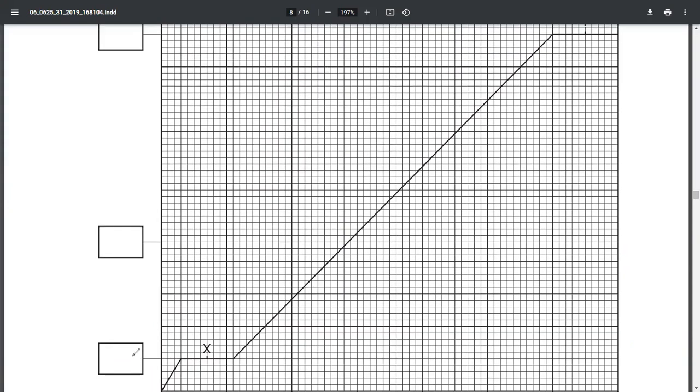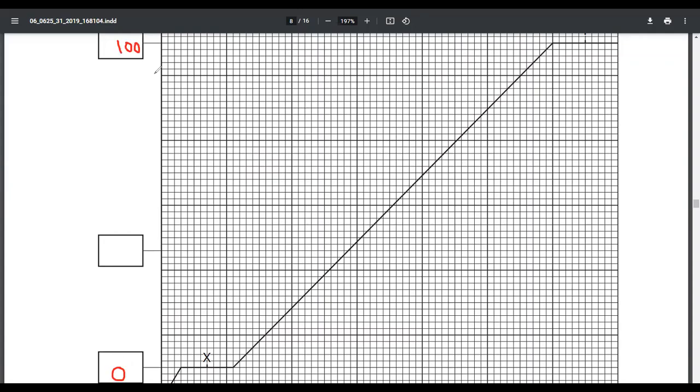If you look at 0 here and 100 here, between them you will see a 5 small squares, which means 1, 2, 3... Here 1, 2, 3, and then 4, 5, 6, 7, 8, 9, and then 10. It's made of 5 squares, so each small square will be a 2.